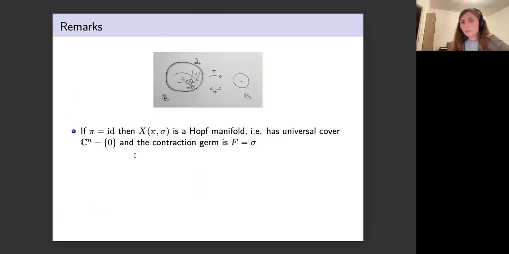So the remark that I made before is already if you just take π the identity, you get the Hopf manifolds, and then the germ can be identified as just the embedding.